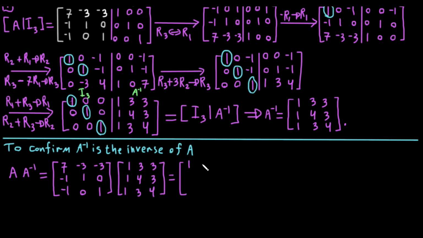To get the second element here, we have to multiply this row by this column. The same thing, I will write it here.